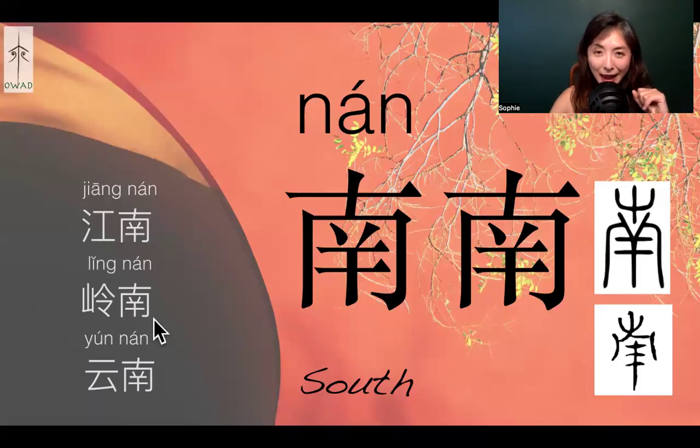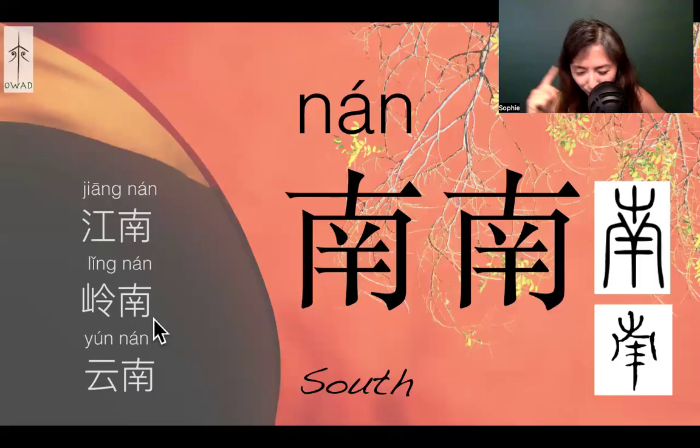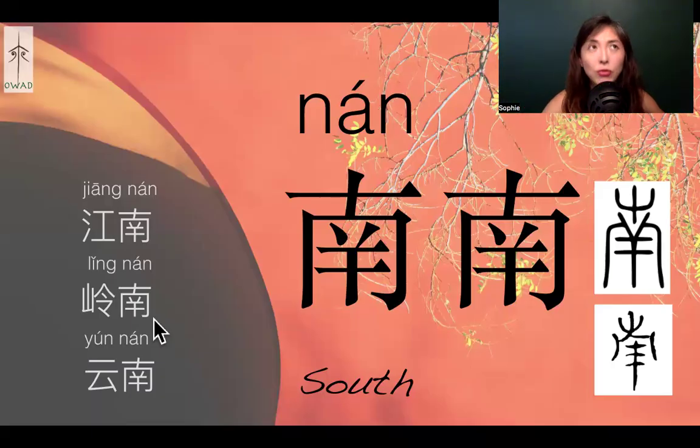Yunnan, cloud south. Okay. I mean, we're talking about locations in China defined by a river or by ridges. What is cloud to do? Like, what would cloud south be? Yunnan, if you've heard a little bit, is the southernmost China.